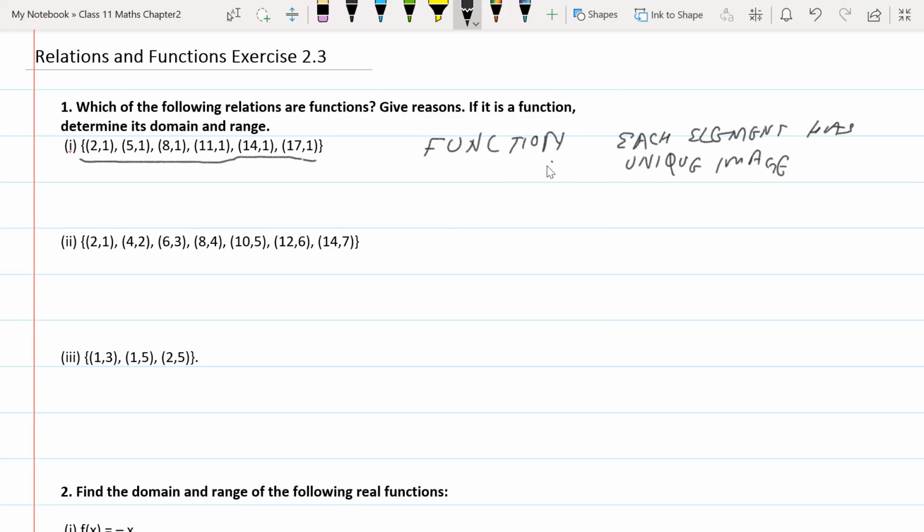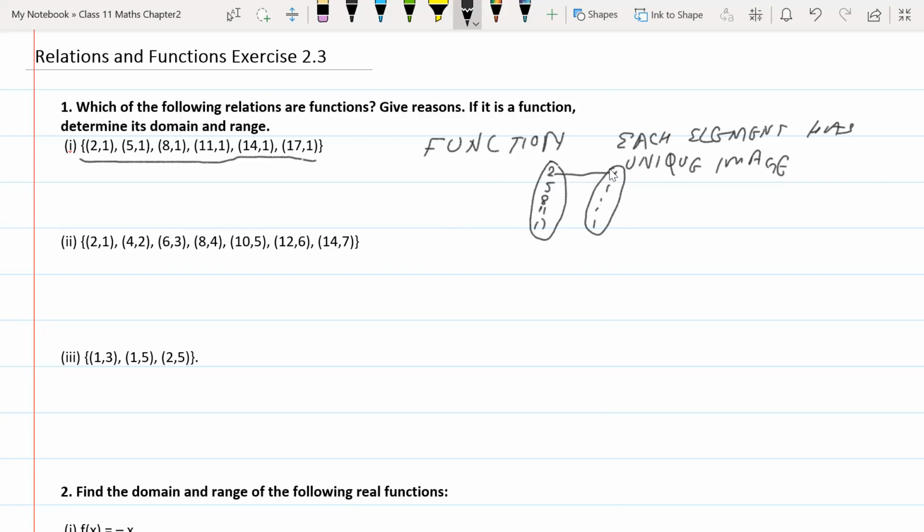Let's see with the help of a graphical representation. 2, 5, 8, 11, 17, and the images 1, 1, 1, 1, 1.